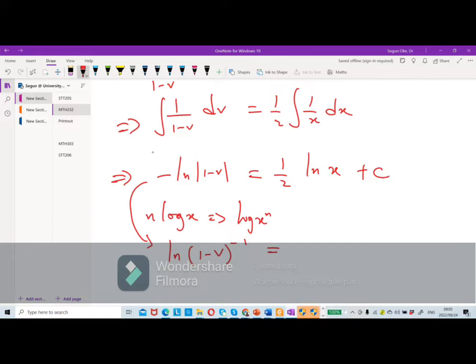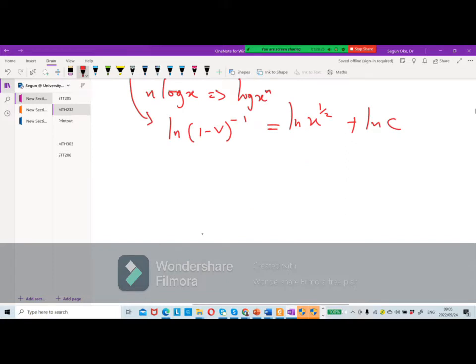It's the same thing as ln x raised to power half plus ln c rather. So it's still the same ln. When you put the ln c here, it doesn't have anything to do with this.